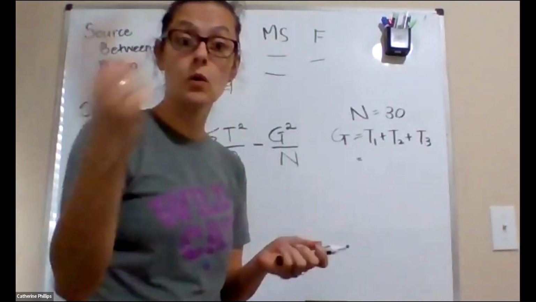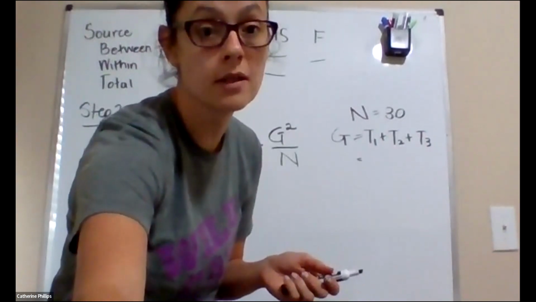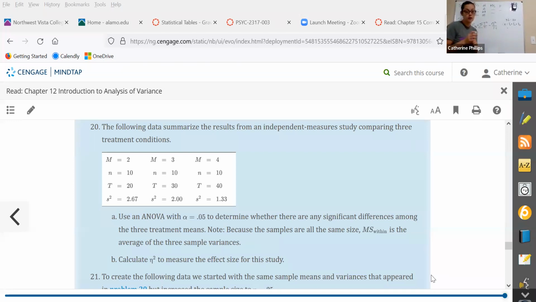And so I'm going to go back to that question. I'm going to share my screen. We'll go back to the question and we'll pull those numbers out. So T1 is 20. T2 is 30. And T3 is 40.